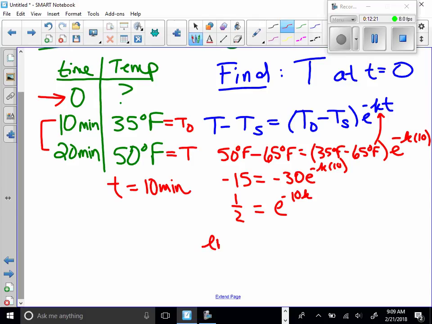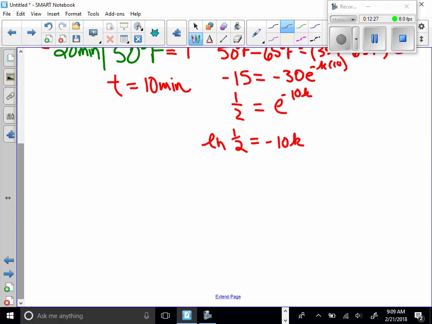So this is going to be the natural log of a half is negative 10k, or k is the natural log of a half over negative 10, which should still give us a positive number. Because the log of a half should be less than 0.